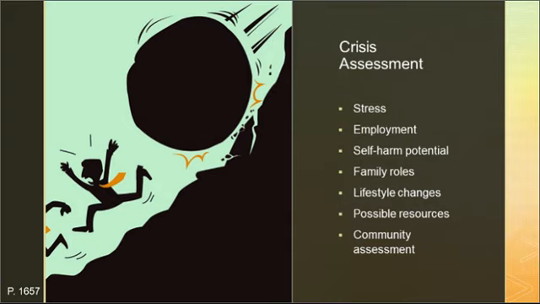There's lots of questions: individual assessment and family assessment, all the way into 1658. Community assessment, crisis assessment, stress, employment, self-harm potential, family role, lifestyle changes, possible resources, community assessment. All of those, look over those questions to be able to explain that or apply that.